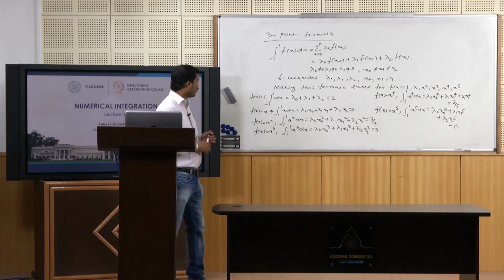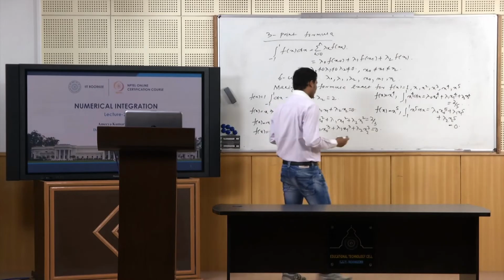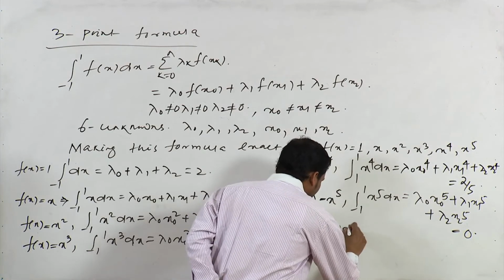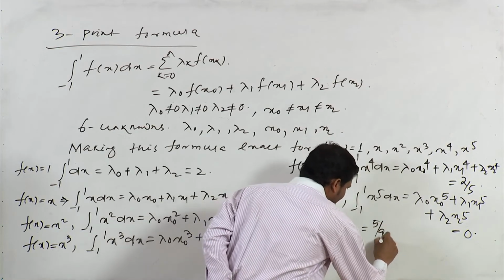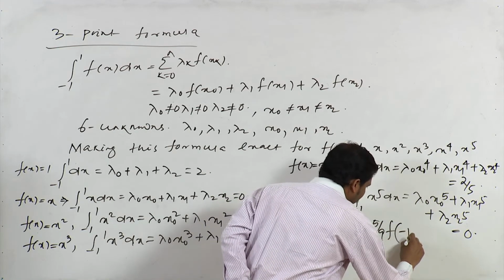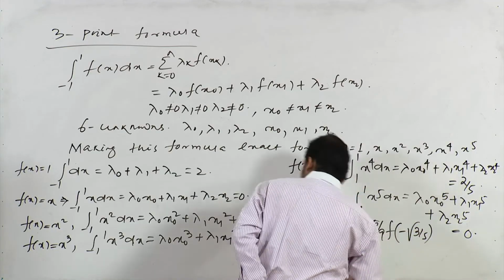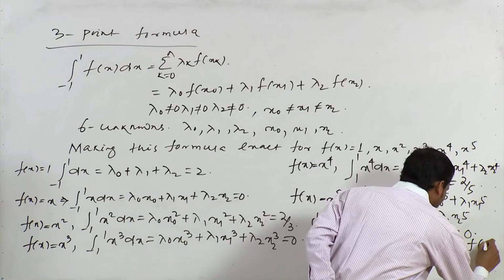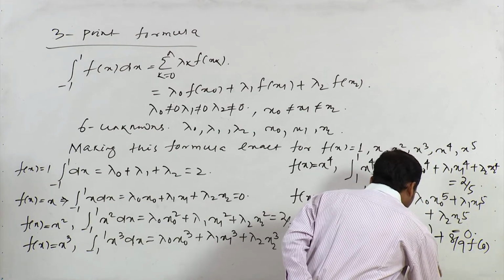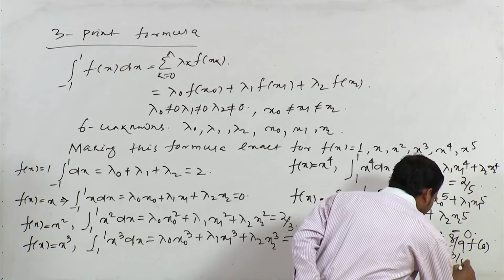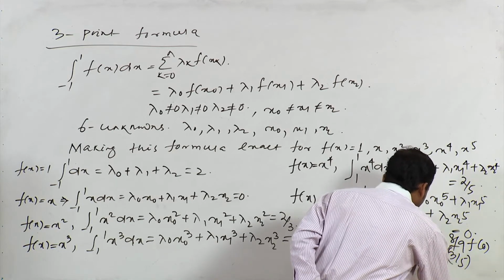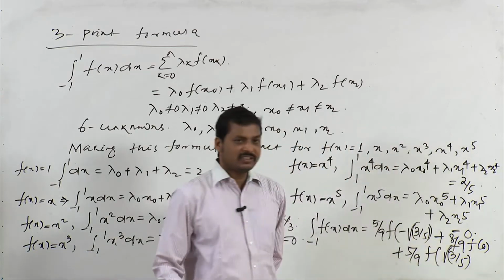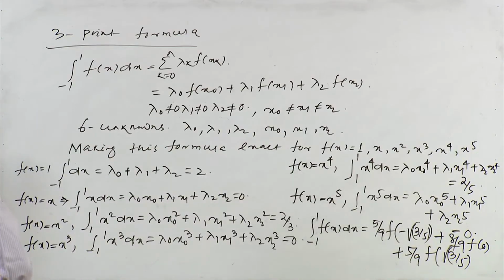So in a complete form, if you write this formula, it can be written as the integral from minus 1 to 1 of f of x dx equals 5 by 9 f of minus root 3 by 5 plus 8 by 9 f of 0 plus 5 by 9 f of root 3 by 5. This is the complete formula for this 3-point Gauss Legendre integration method.